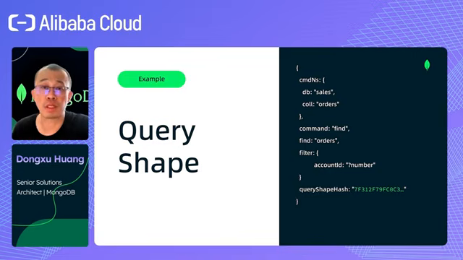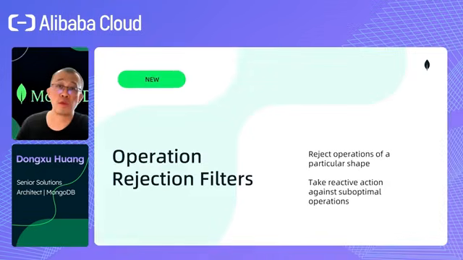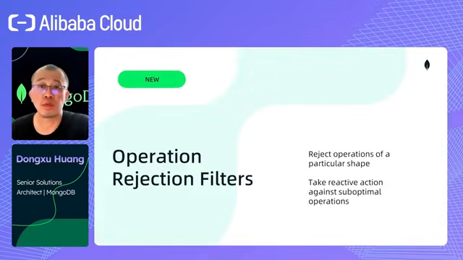It also gives you some filter information; we can see here that we have a filter on the account ID. The important thing you will notice at the bottom is the query shape hash. It's like a unique ID for a query shape. So you can manage your workload in a smarter way with the query shape.